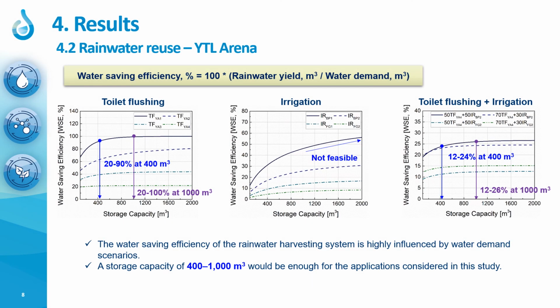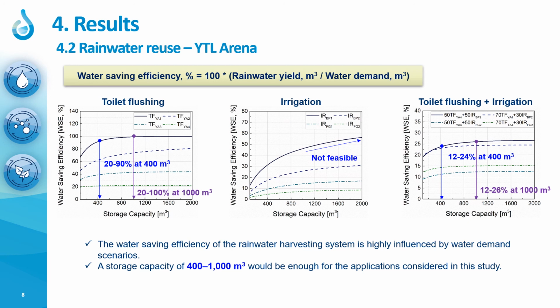This slide shows the water saving efficiency analysis result for toilet flushing, irrigation, and combined use. As you can see, the water saving efficiency of the rainwater harvesting system is highly influenced by water demand scenarios.